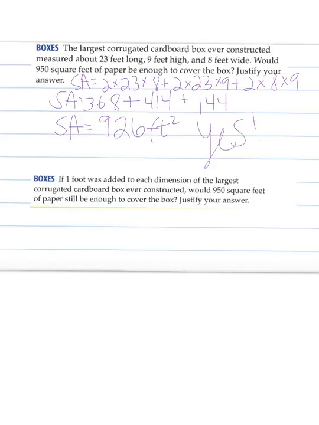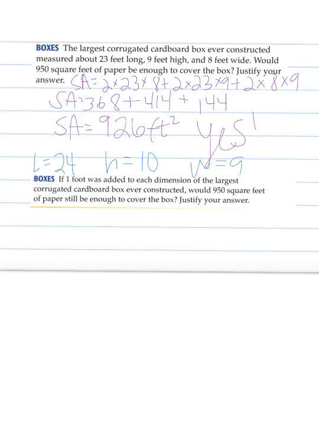So now we would have a length, we add 1 foot to each dimension, so 23, add 1, so it would be 24. The height would be 10, and the width, 8 plus 1 would be 9.